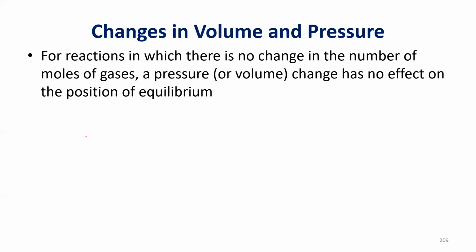You can also consider another case where you change the pressure of the reaction mixture without changing the volume. How that can happen is that maybe you have a container with a fixed volume, and in this case you have NO2 and N2O4.